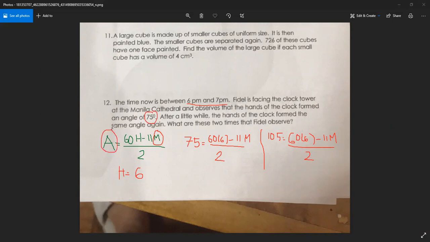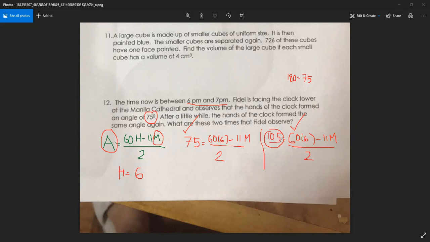So this one is the first solution. For the second solution, how come it is 105? 105 came from 180 minus 75. In a clock, we can still form a 75-degree angle by subtracting the given angle from 180. That is the reason why I got 105 here.